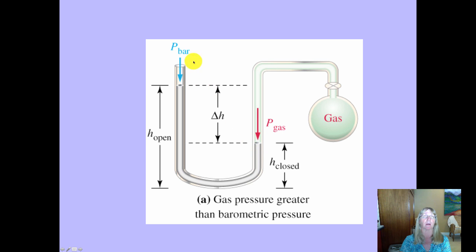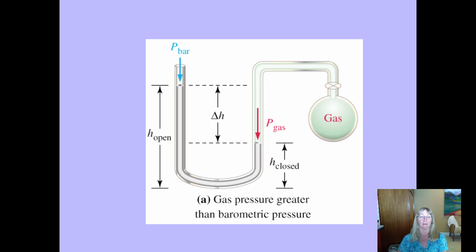There's a battle going on though, because the pressure of the atmosphere is pushing down here as well. So basically, don't worry about all that open and closed stuff that you see there. Just ask yourself, based upon the difference between the levels of mercury, and that's what this distance here is measuring, you find the distance between this line and that line, and it will be a certain value that we'll use in a simple math calculation.